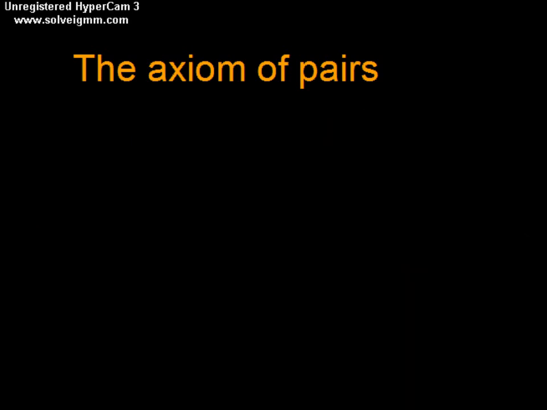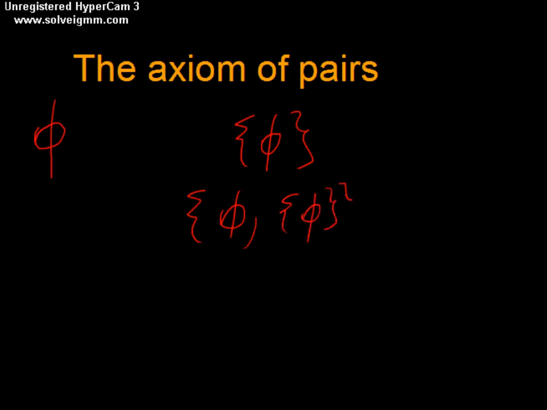Now we already know the empty set exists. So by pairing, we can now form the set which contains the empty set. And if we apply pairing again, then we obtain the following sets. Or we obtain the following sets.